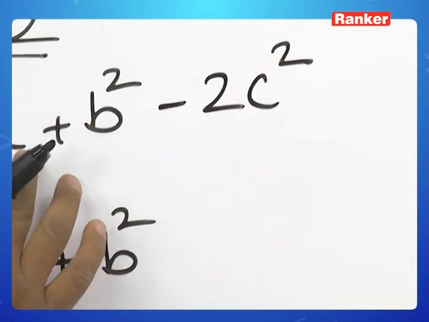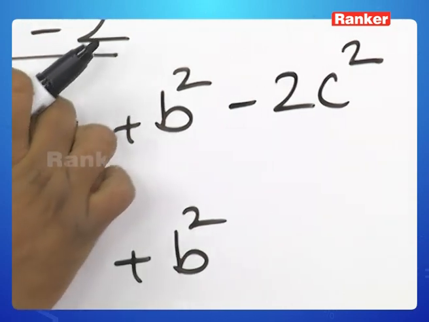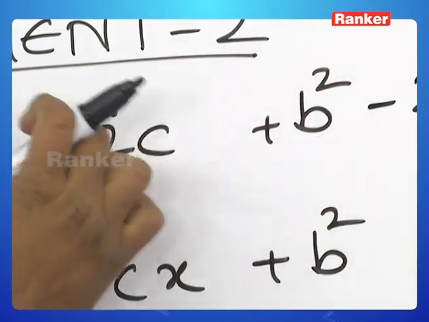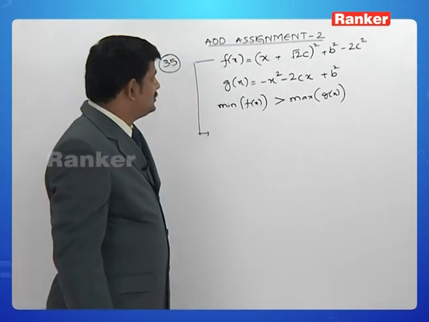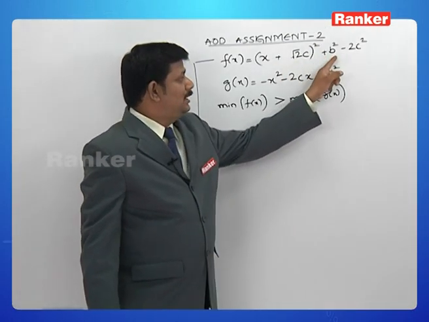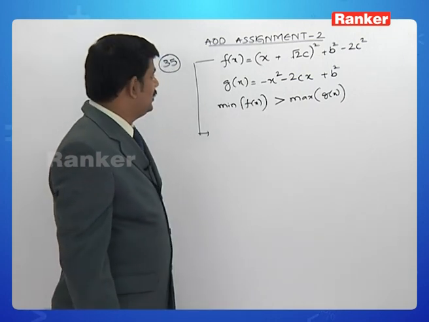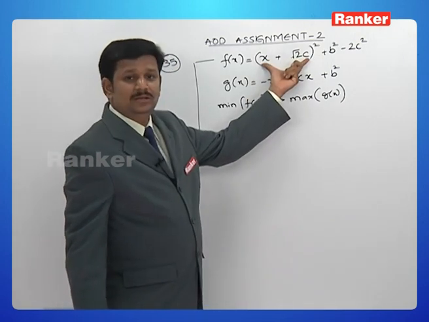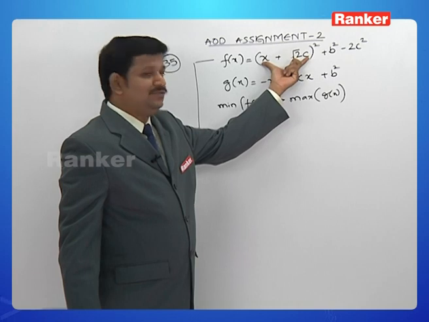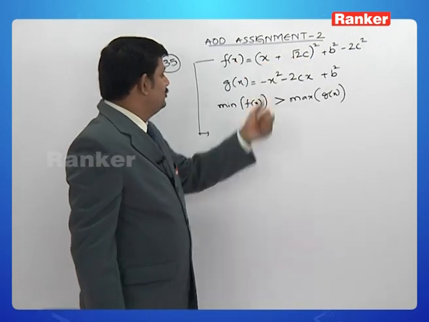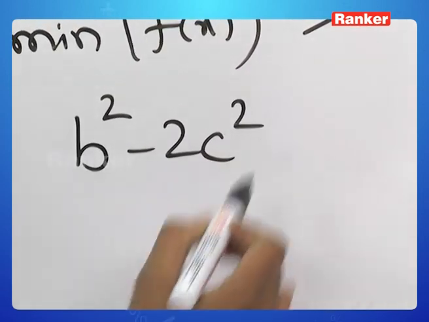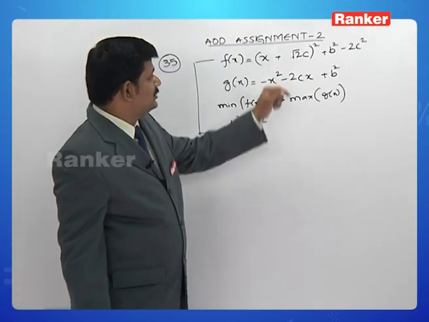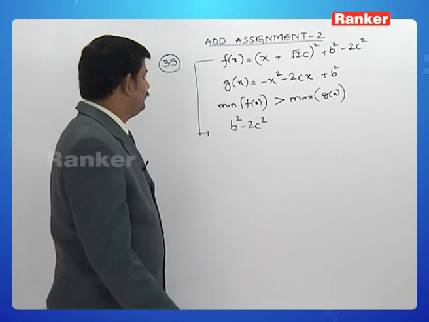So, 2 c square here makes it x plus root 2 c whole square. f of x can be written as x plus root 2 c whole square plus b square minus 2 c square. Now, a perfect square, least value of this would be 0. So, minimum value of f of x is b square minus 2 c square, that is when x is equal to minus root 2 c.